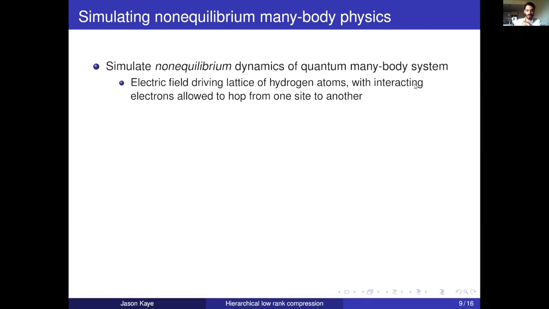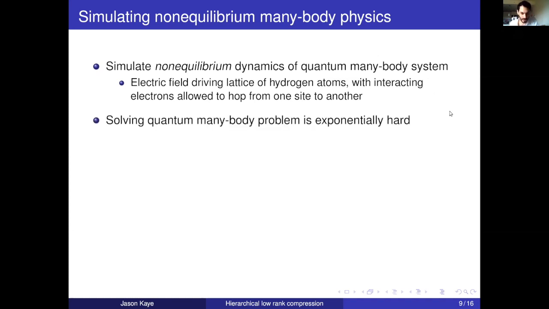And the electrons can interact with each other and hop from one lattice site to another. And then this whole system is being driven by some applied field. Okay, so these are electrons, so it's a quantum system, and this electric field driving induces some kind of interesting out of equilibrium dynamics that we want to simulate.